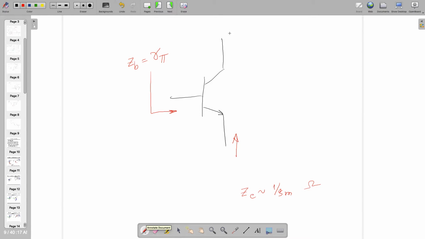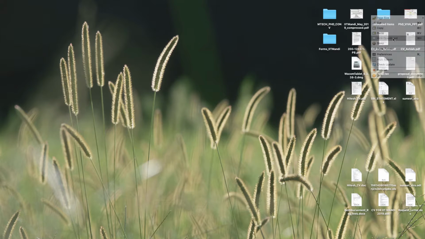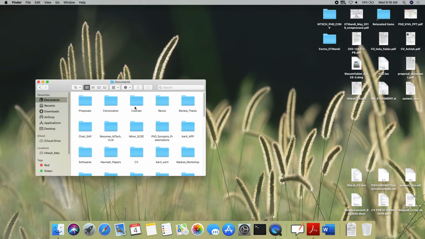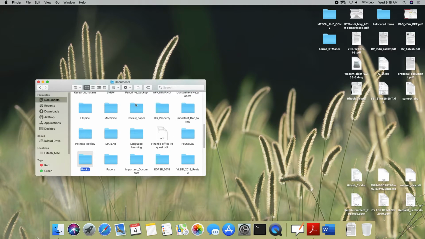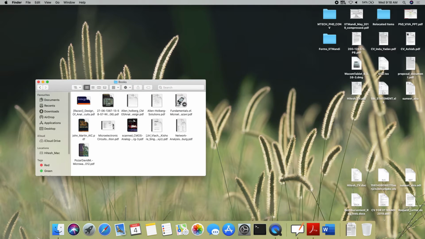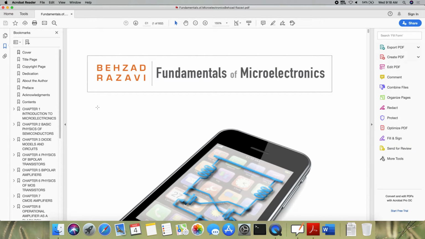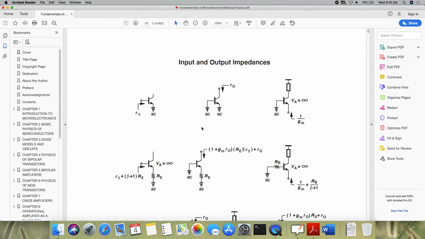Right? And if I am looking from here, what am I going to see? Not infinity. R0. Now R0, right? So this is what I was talking about.